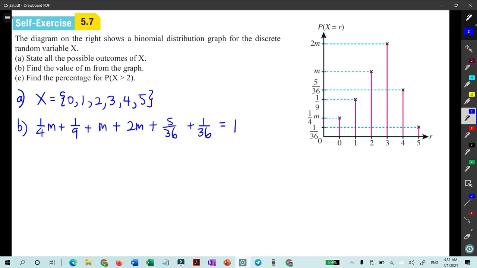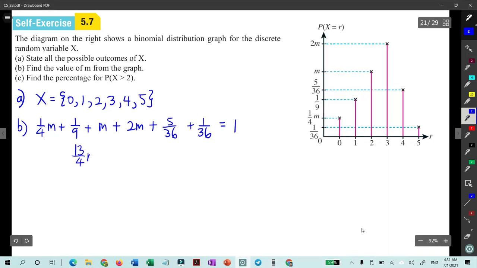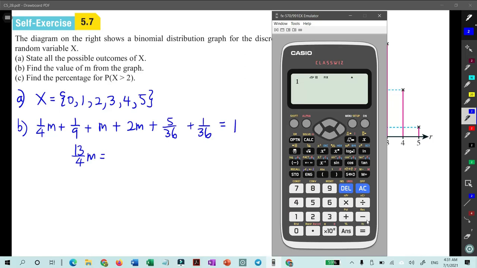So we sum up 1 over 4 plus 1 plus 2, so I get 13 over 4m. 13 over 4m equals to, okay, so I take 1 and then minus 1 over 9 minus 5 over 36 and also 1 over 36.